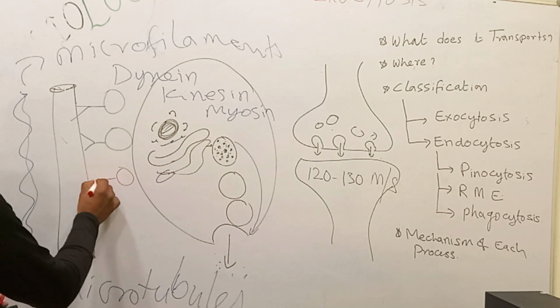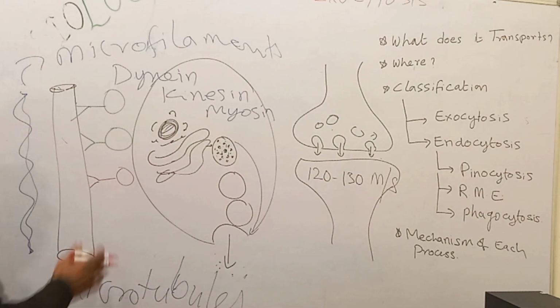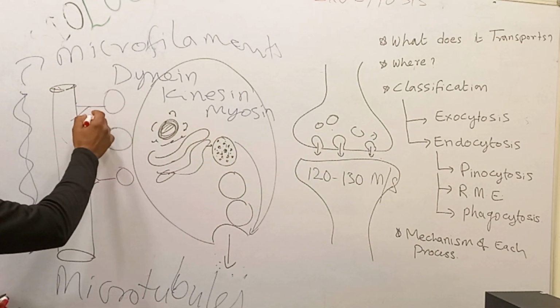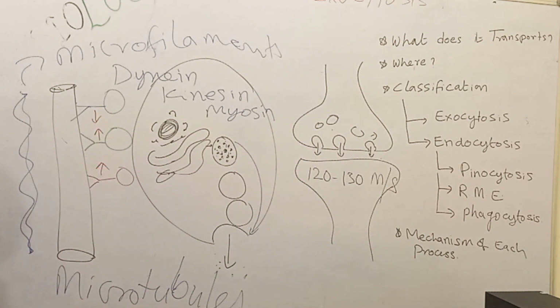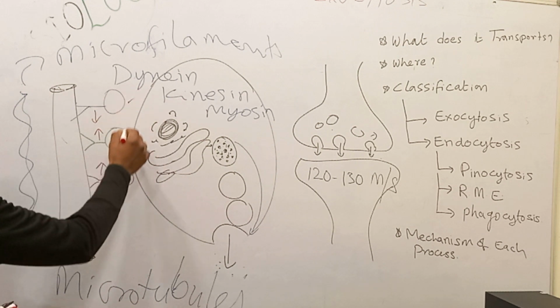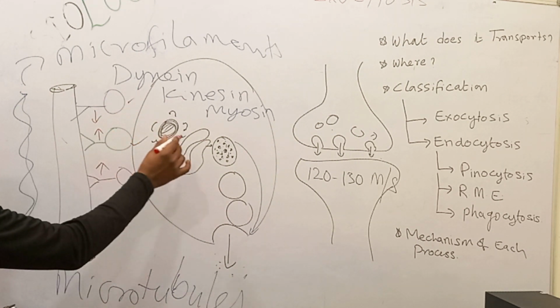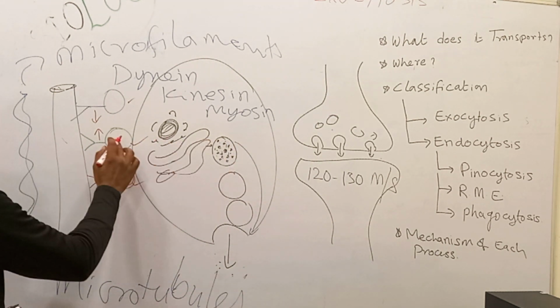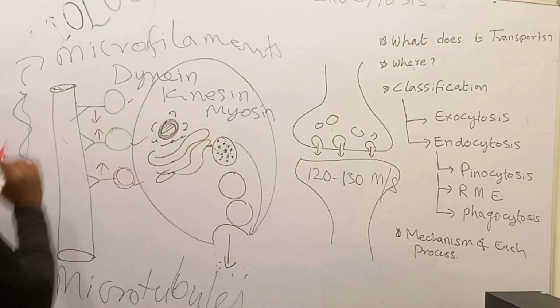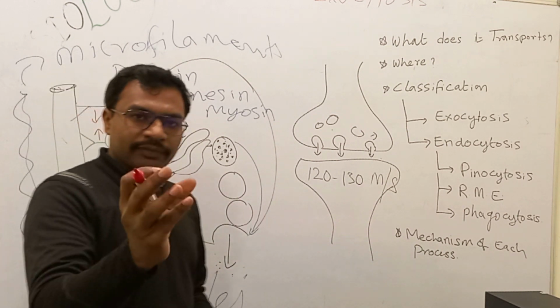Here, I have simply drawn a schematic diagram. One is moving in this direction, one in this direction, one in this direction. So this is called dynein, kinesin, myosin. These heads are the vesicle, the cargo filled with the substance.